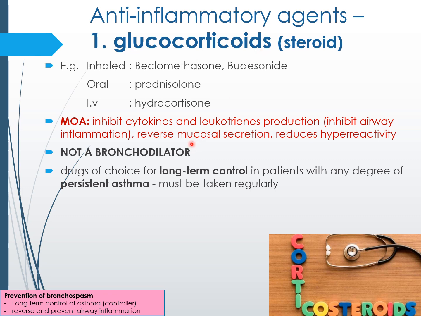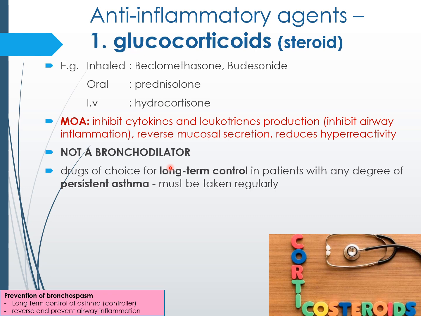Mechanism of action: glucocorticoids inhibit cytokine and leukotriene production. If you remember the diagram about the pathophysiology of asthma, you have cytokines and leukotrienes that mediate airway inflammation. So glucocorticoids inhibit the production of cytokines and leukotrienes, and therefore they inhibit airway inflammation, and can also reverse mucosal secretion and reduce the hyperactivity of the bronchioles.